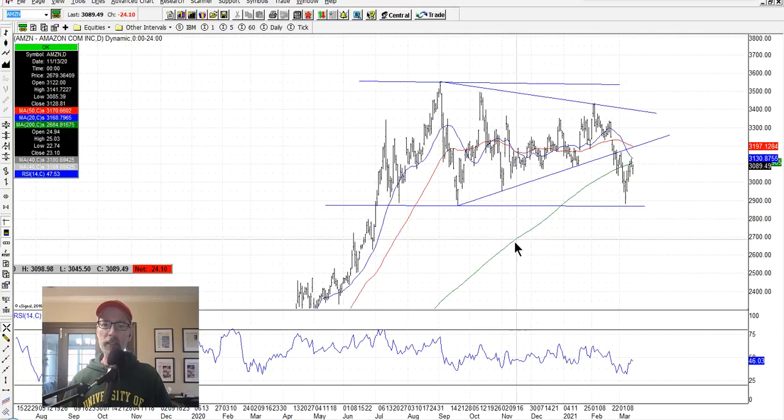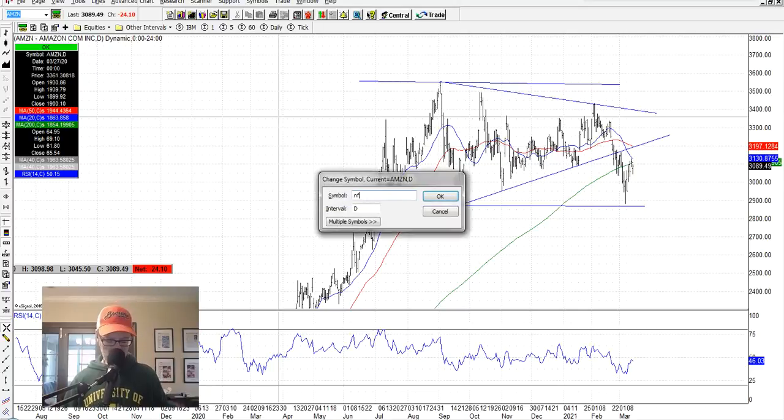This is a line in the sand, the 200-day moving average. It finished well below it, hit the support here, and it bounced. So what we need to see come next week, we need to see it bounce above the 200-day moving average and possibly back within the congestion pattern to feel more bullish on Amazon. And, you know, Amazon really hasn't been doing all that much. Same thing with Apple. It's just kind of meandering and slowly dripping lower.